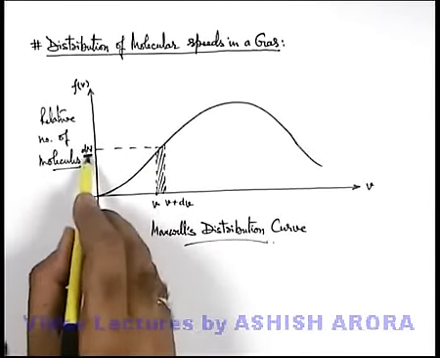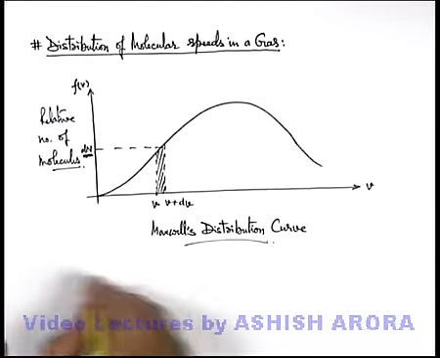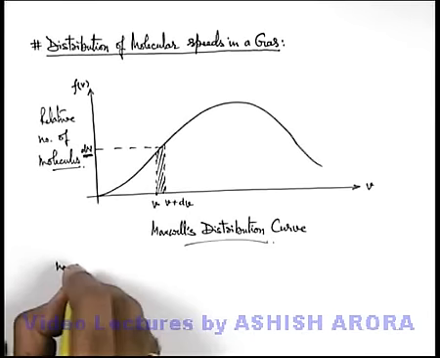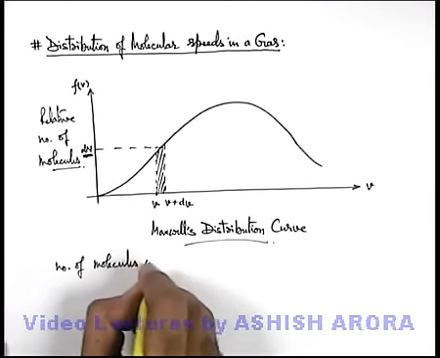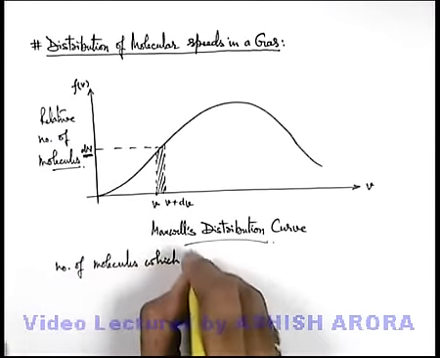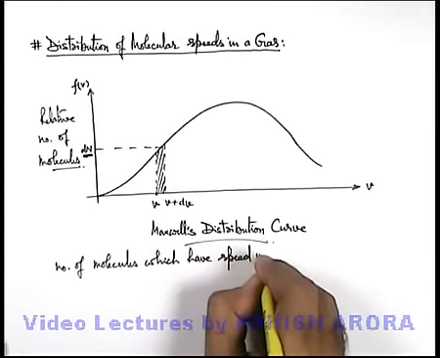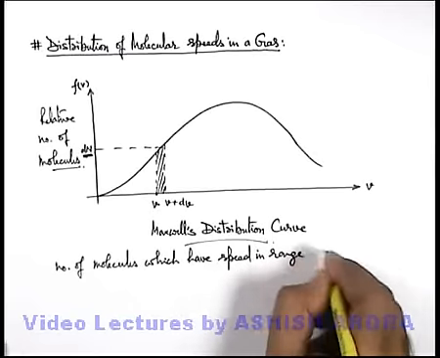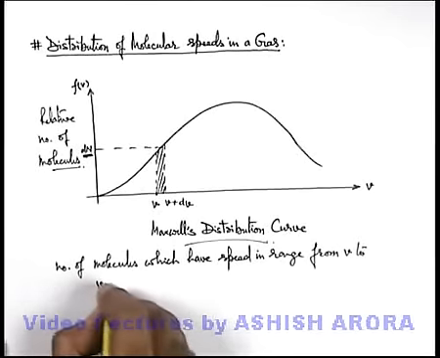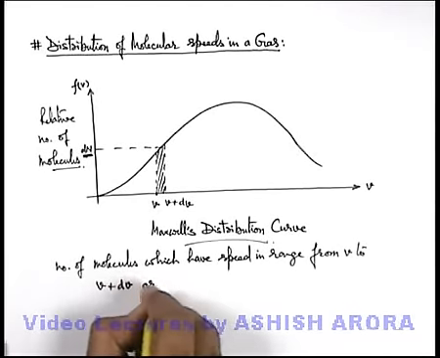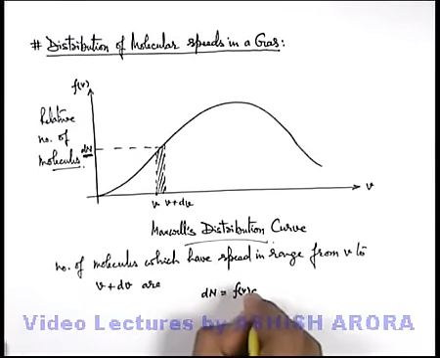And this function gives us the idea about the number of molecules, for which we can also write: number of molecules which have speed in the range from v to v plus dv are dn, and this dn can be given as f(v) dv.